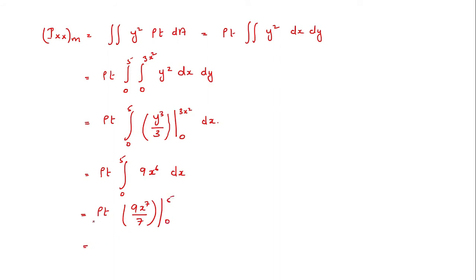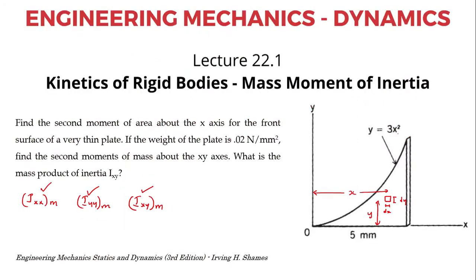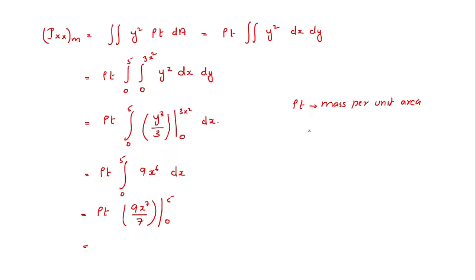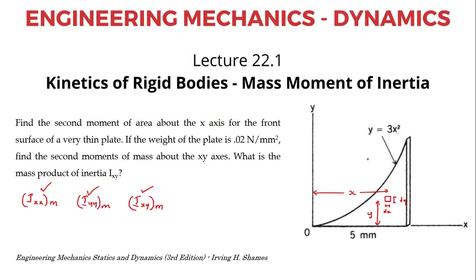Here rho t, as I told you, is mass per unit area. Now in the question it is directly given that the weight of the plate is 0.02 Newton per mm square. In order to convert it into mass per unit area, I will divide the value by 9.81. So this is equal to 0.02 divided by 9.81 kilogram per millimeter square. The unit here is millimeter, so millimeter square.